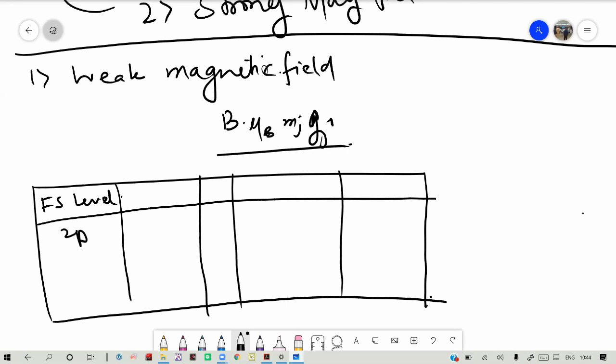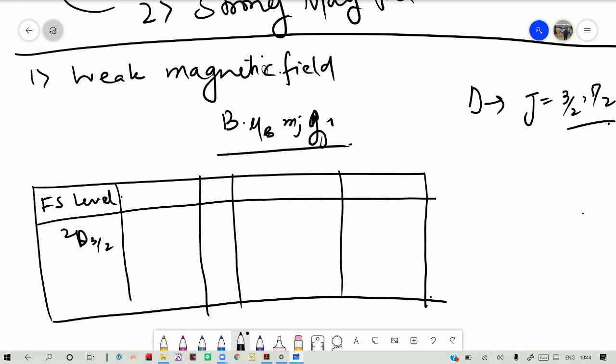So we have 2D, and let us suppose first we have 3/2, because for D, J will be equal to 3 by 2 and 5 by 2 for this D level. So first we will take the case of the 2D 3 by 2 level, fine structure term. I'm taking only the fine structure interactions because of the fine structure splitting.